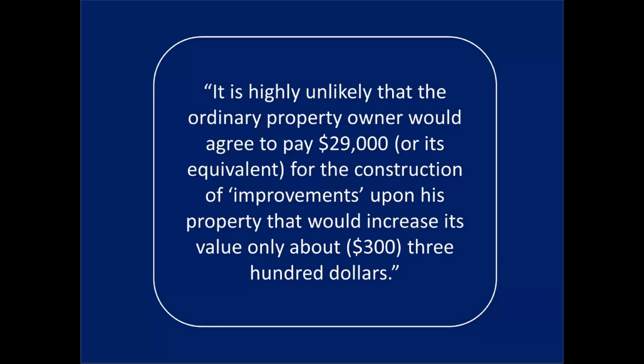This statement implies that to order cost of performance would cause economic waste. Or more subtly, that we should consider the relative economic benefit derived from performance in deciding between the cost of performance and value of performance measures of damages.